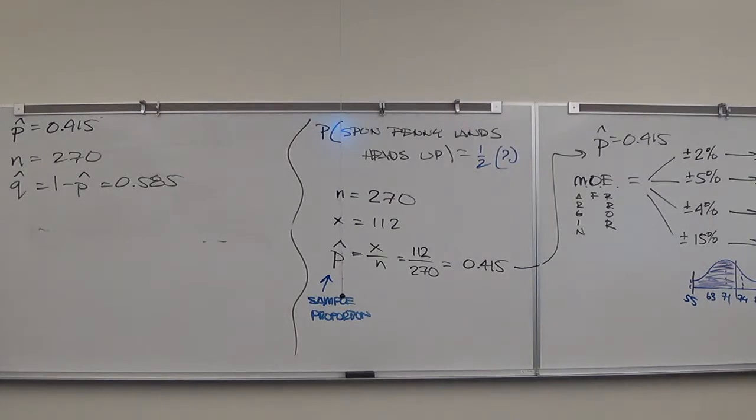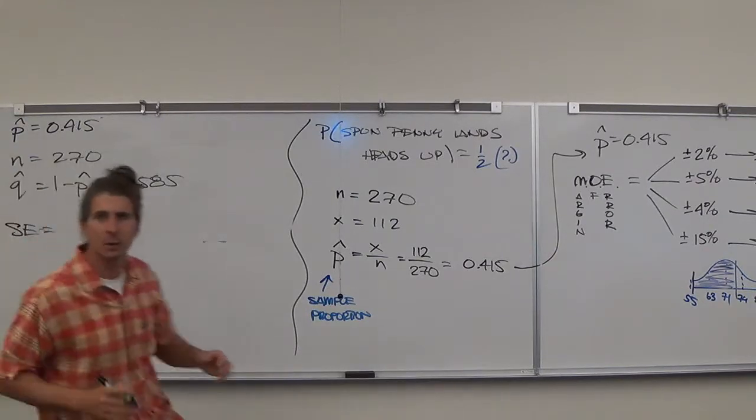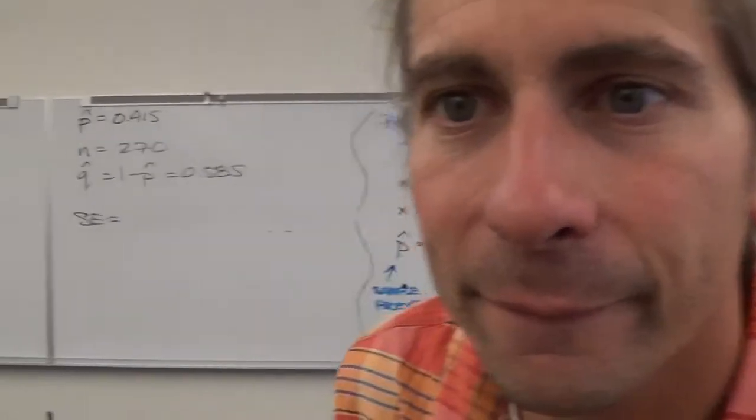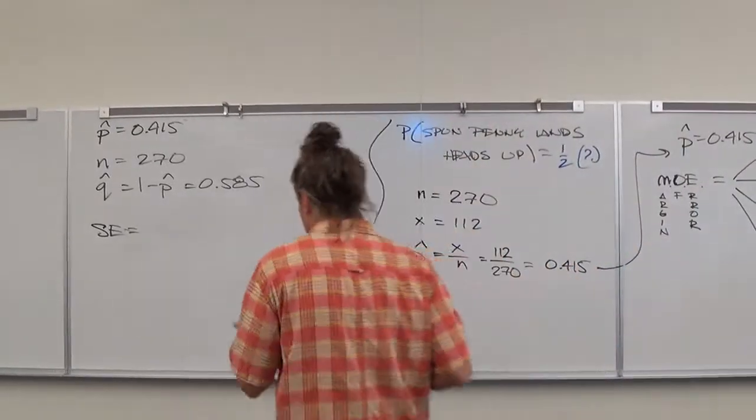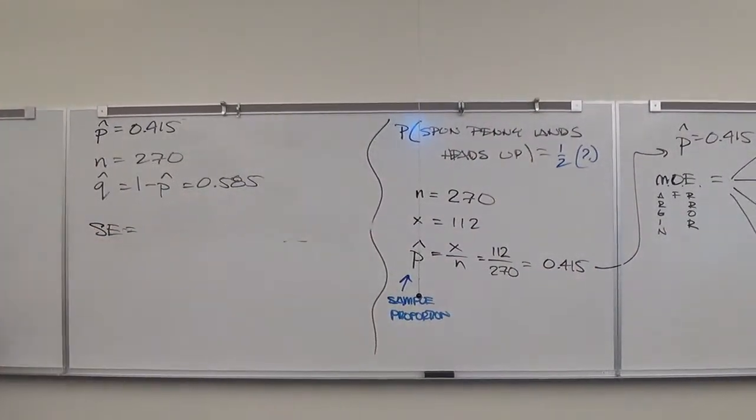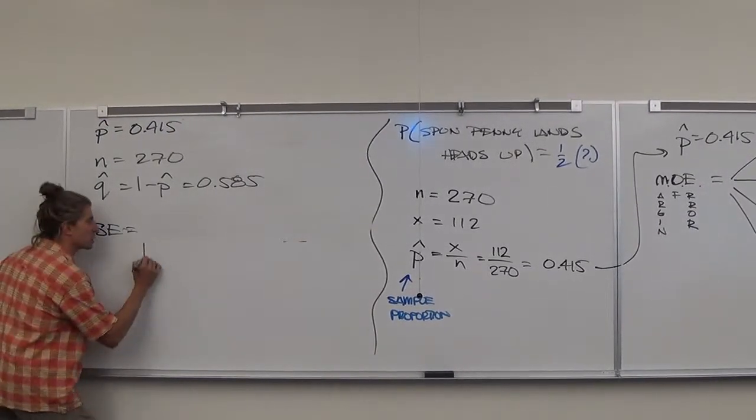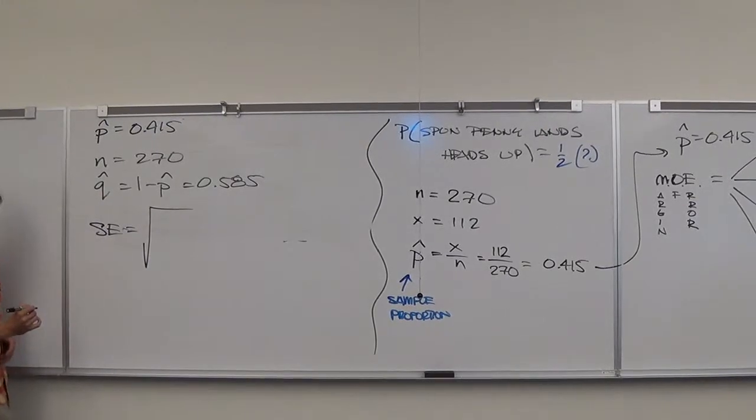All right. So the standard error, which is the standard deviation of the sampling distribution, is the industry term for the plus or minus in the sampling distribution. It's that goofy calculation with the big radical: the square root of p hat, q hat, all over n.